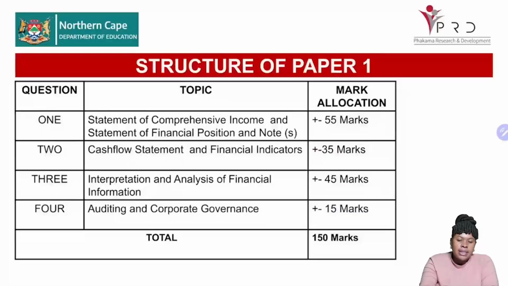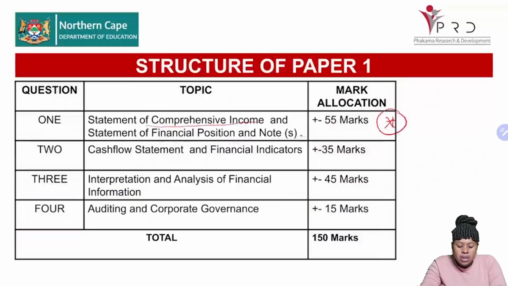Now, let us look at the structure of your paper one. Now, the structure of your paper one can be structured in 4 different ways, and this is the one way they can actually test it. Now, your question one will consist out of your comprehensive income and your statement of financial position. So the main difference between the structures is actually your question one. Everything else remains the same.